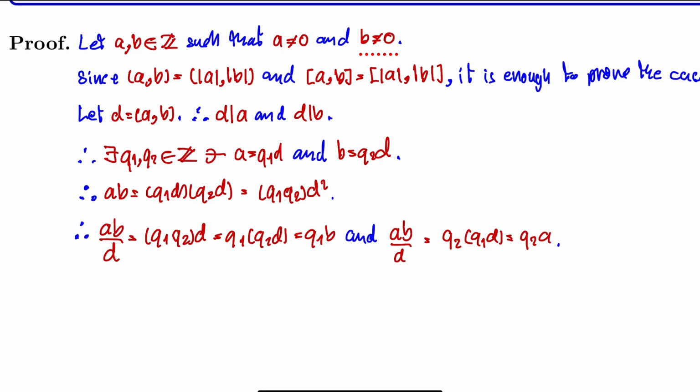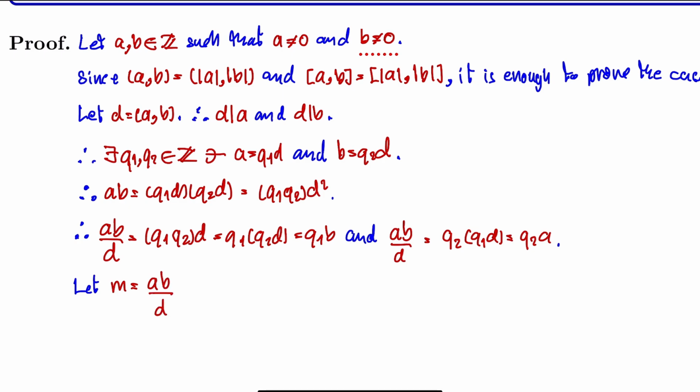Okay, great. Since d divides a and d divides b, that means that a times b is divisible by d. So we can have an integer, which I will call m. I'm going to let m be a times b over d.